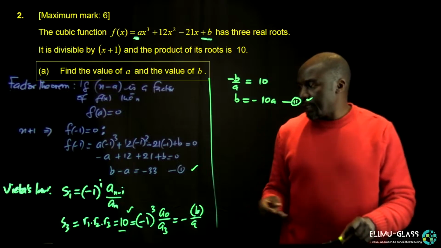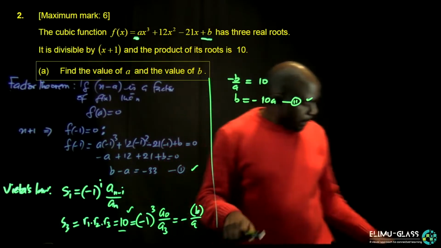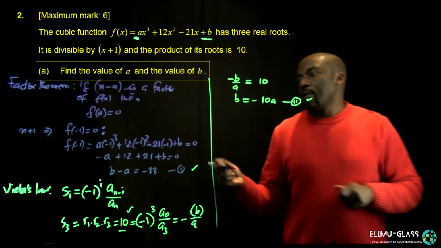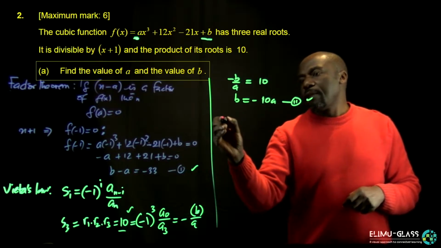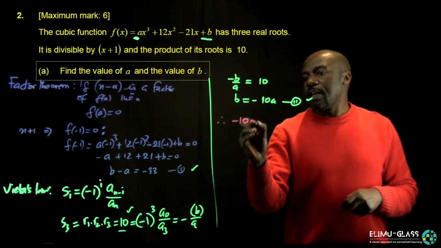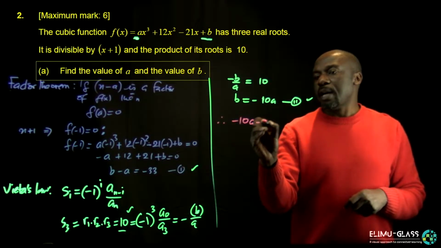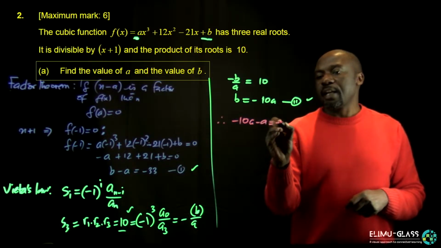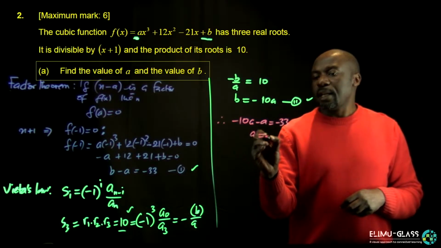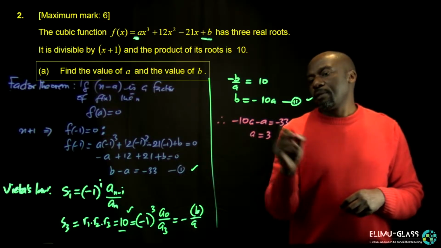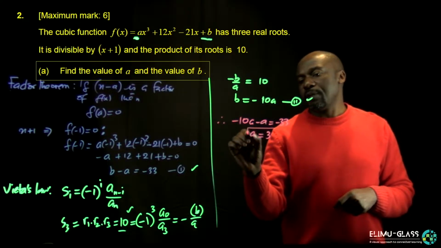I'll use a different color. This becomes, in place of b, I'll put negative 10a. Therefore, negative 10a minus a must be negative 33. So clearly a is 3. The value of a is 3.